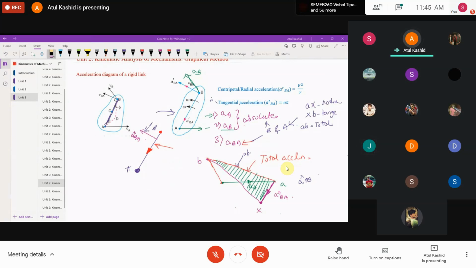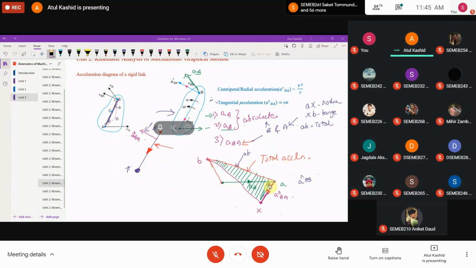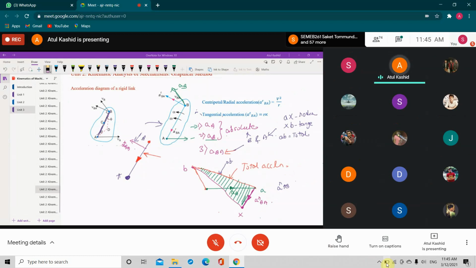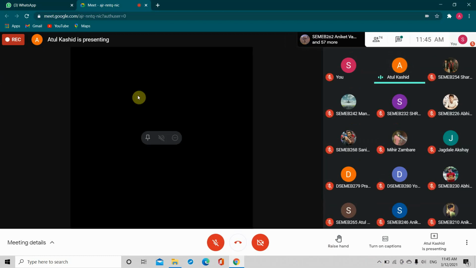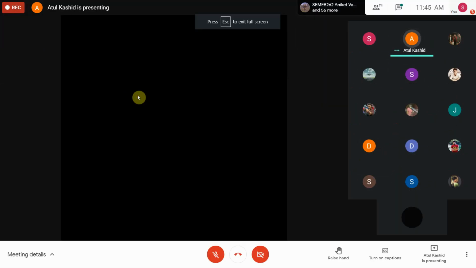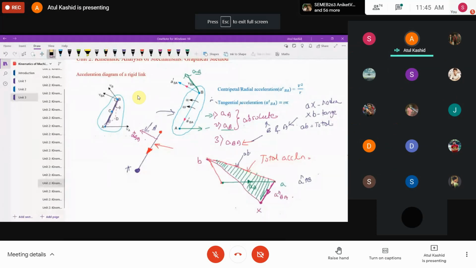Okay, now Aditya has one question, sir. For velocity diagram, VBA points towards B and for acceleration towards A. Just let me see what you're talking about. VBA points towards B. Okay, I've erased the velocity diagram. We'll draw it again. So it was from the point O. This is VA.